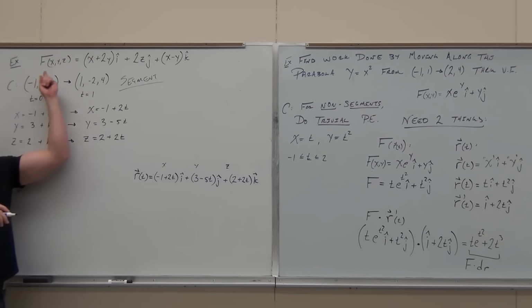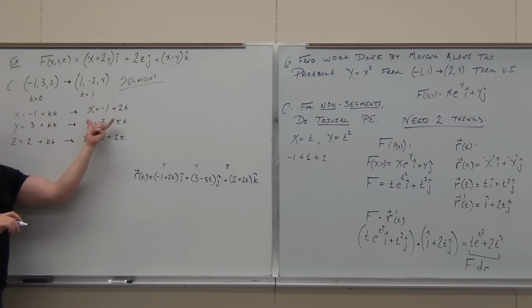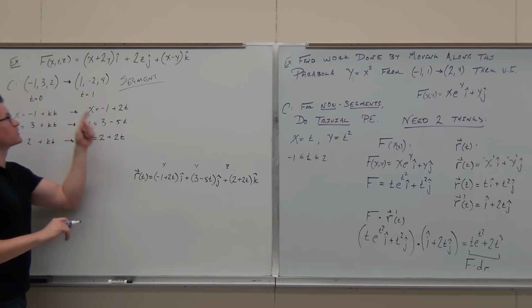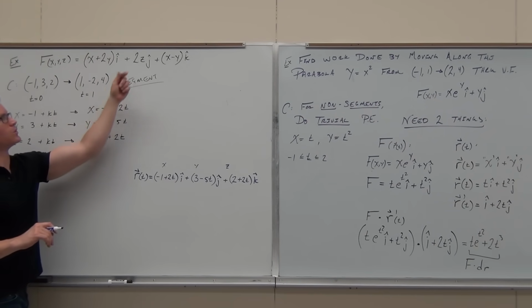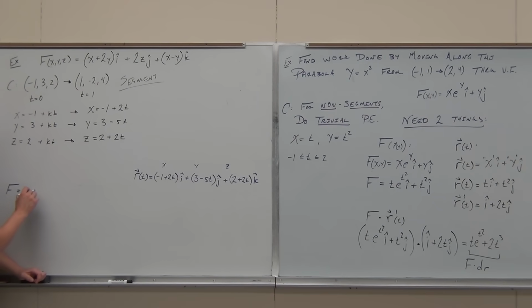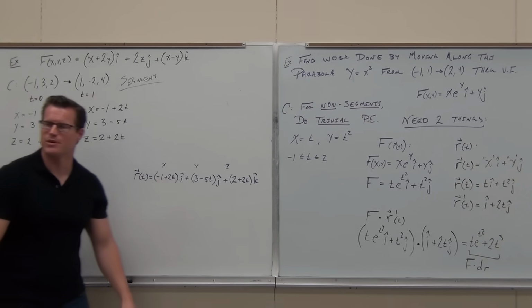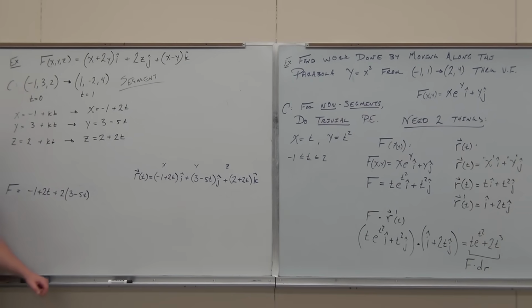If I reparameterize my vector field in terms of x, y, and z, say it loudly so I can actually hear you, but tell me what this would all look like, please. -1 plus 2t, plus 2 times 3 minus 9t. What am I missing? Plus 2. Before that, the i. That's the i. Kind of nasty, but that's the i.